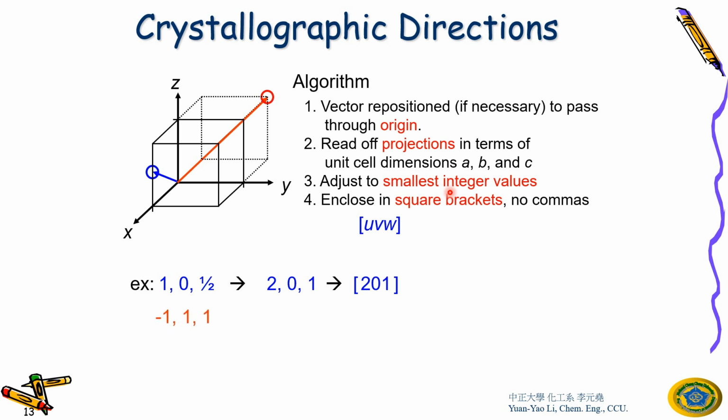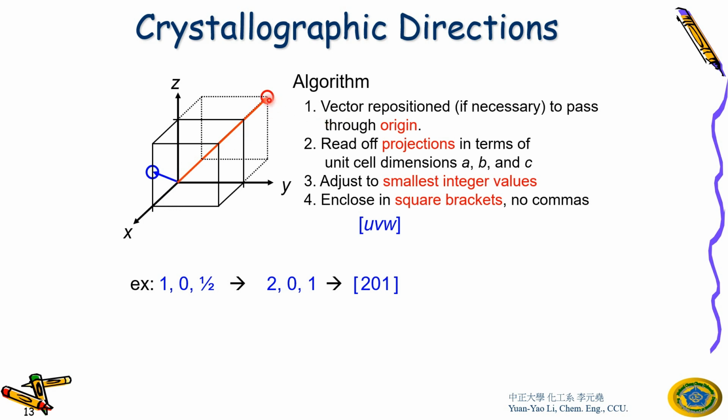Easy. How about this one? How about this yellow? Sorry. Why I say yellow? This is a red vector, a color marked in red color, right? How about this one? So again, does it pass origin? Yes.